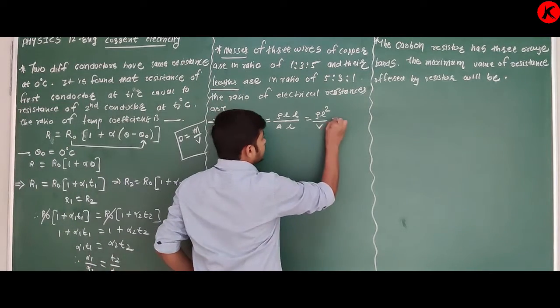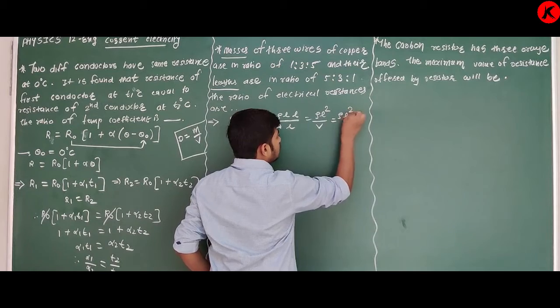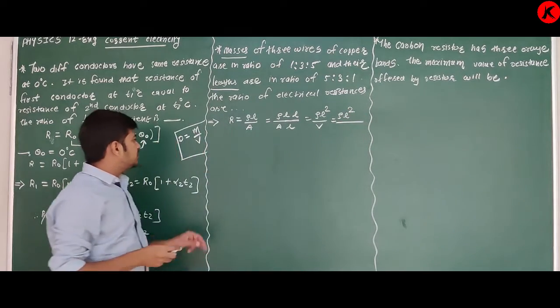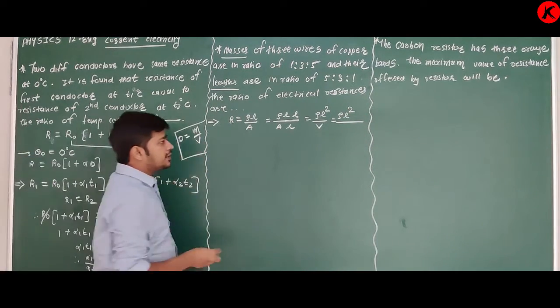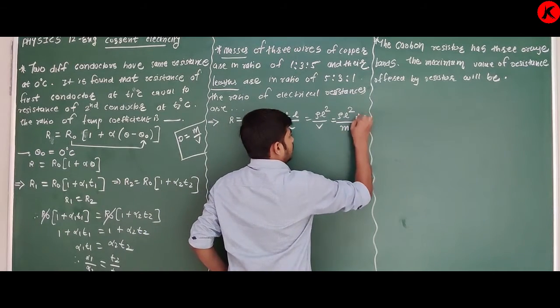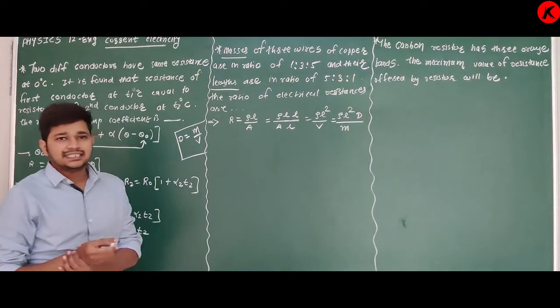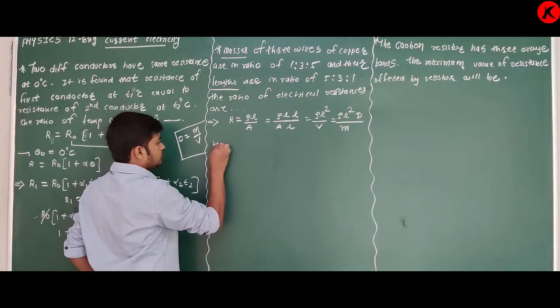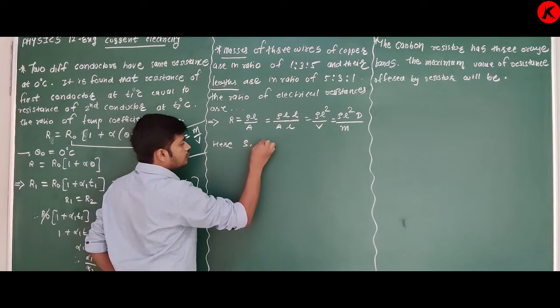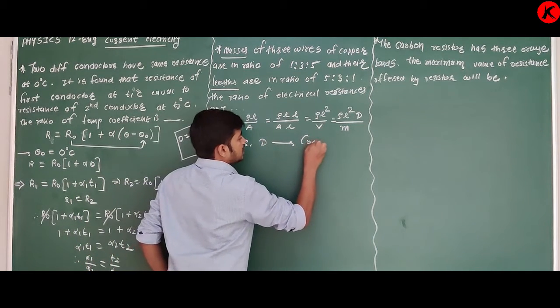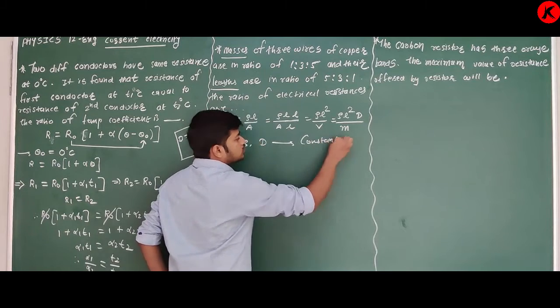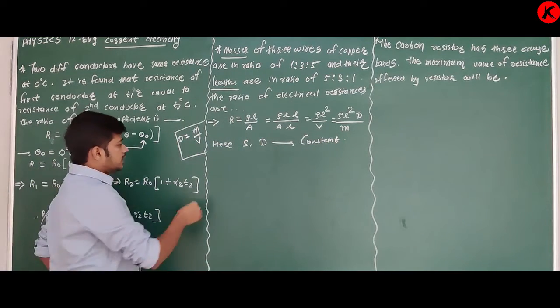So I can write this equation as rho L square upon V, and I can replace V by M upon D, where D is density. Here rho and D are both constant.